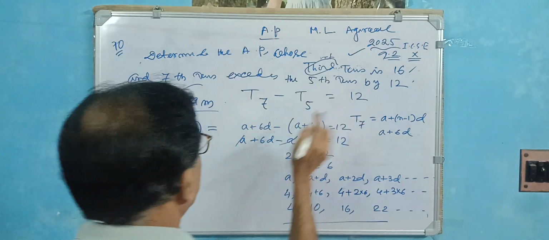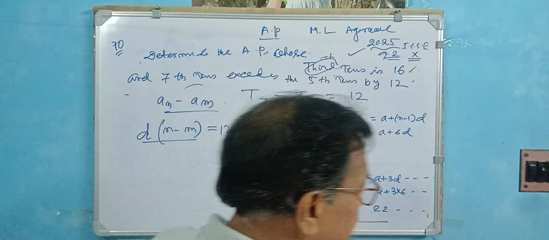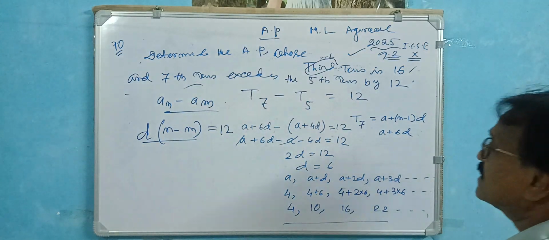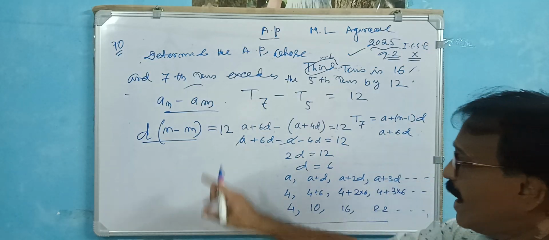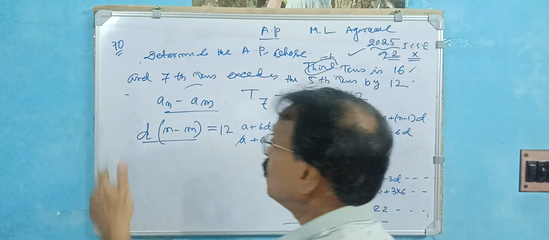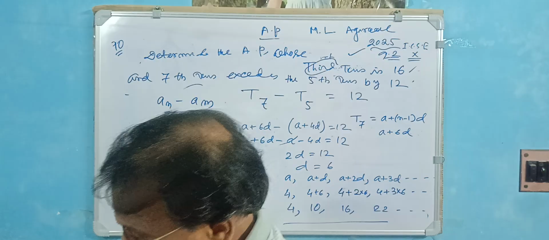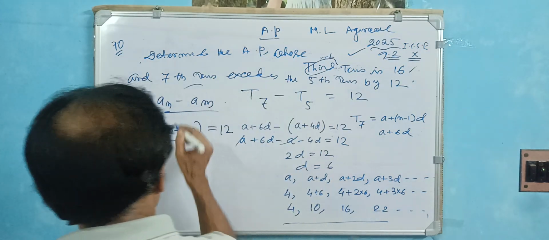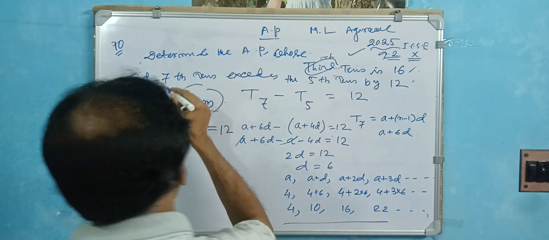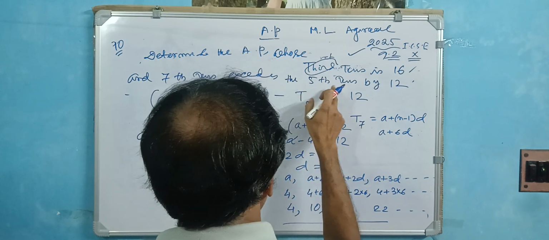What is this? The difference of the two terms is 12. Very easy, d এসে যাবে 12. এত কিছু করার দরকার হবে না if you know the formula. এই যে the difference between the 7th term and the 5th term.